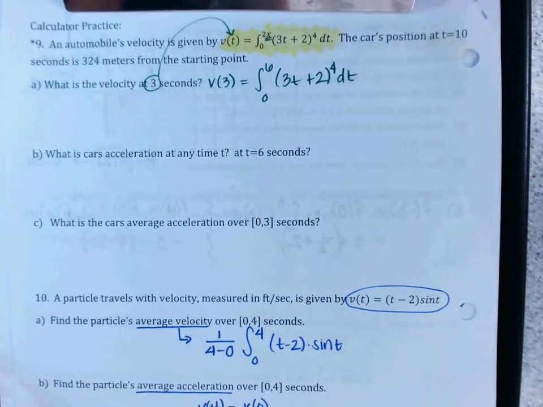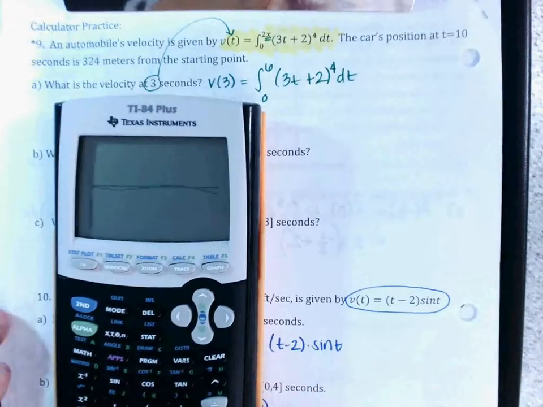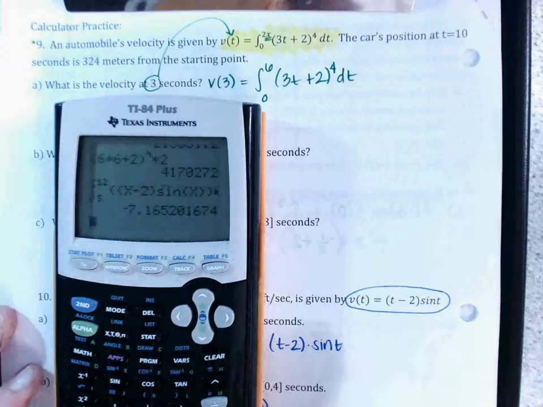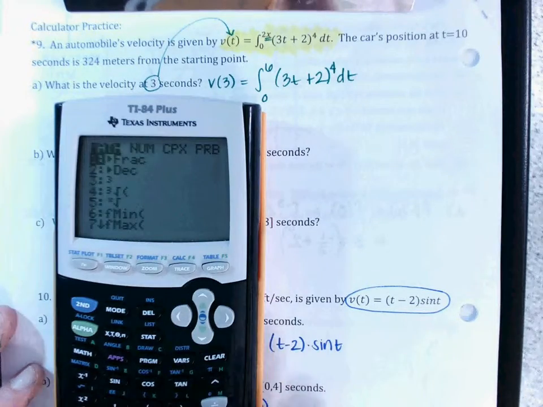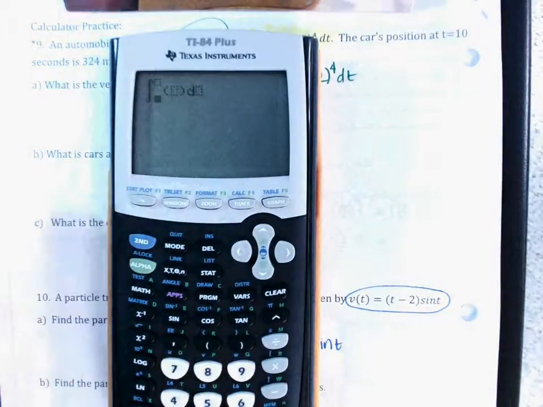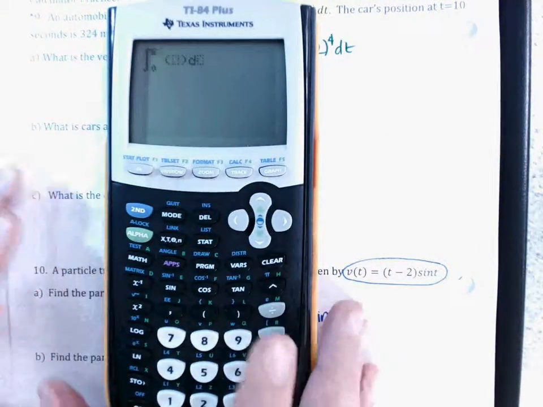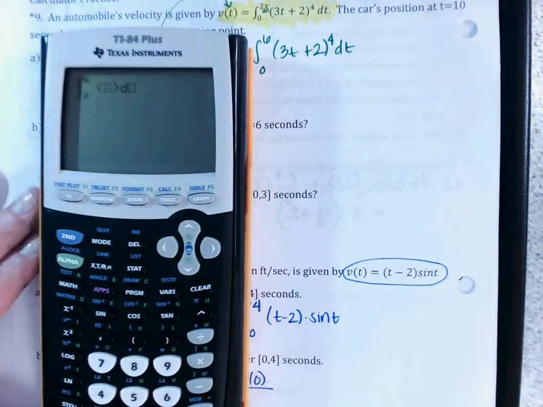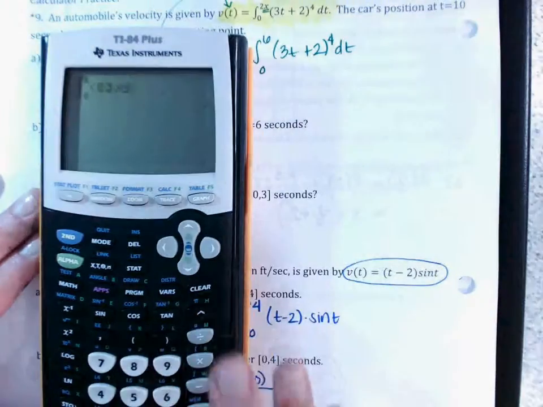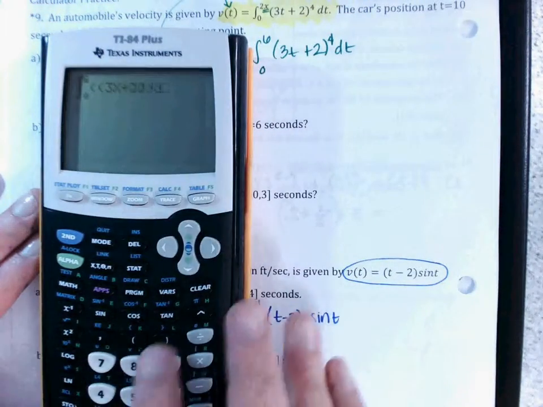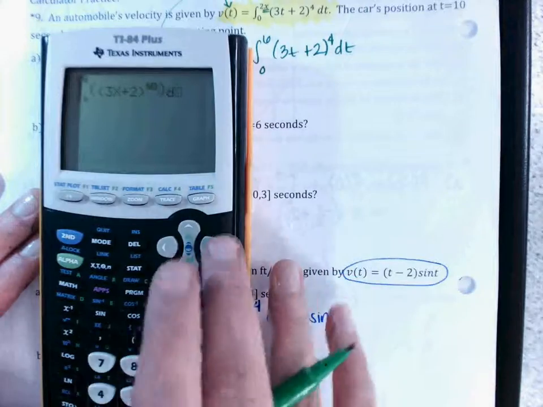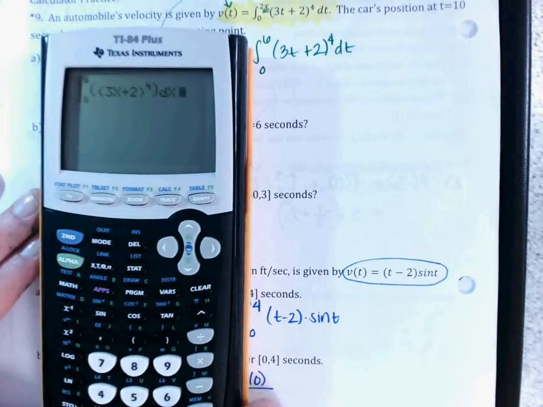Okay, then this is where it gets kind of weird. Okay, because when you plug it in, you do the math, and 9. That's how your integral comes up. And then we're going to go from 0 to 6. And then we're going to type in our equation, which is 3x plus 2 to the power of 4 dx.